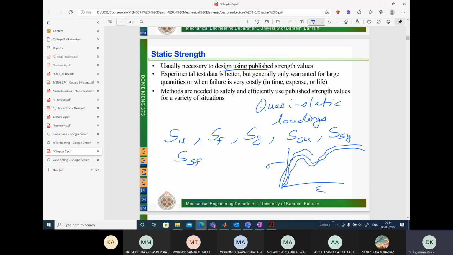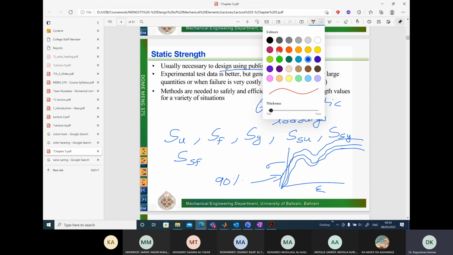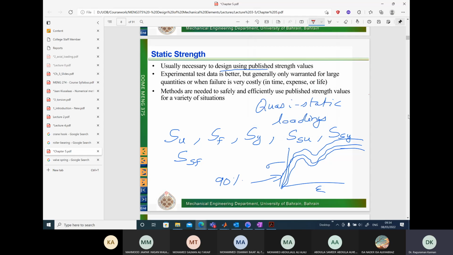You will have a range of values which are plotted, and usually from this range of values you will take the 90 percentile data. What is this 90 percentile data? Among all the data, we will pick the data which is from the bottom at 90% here.